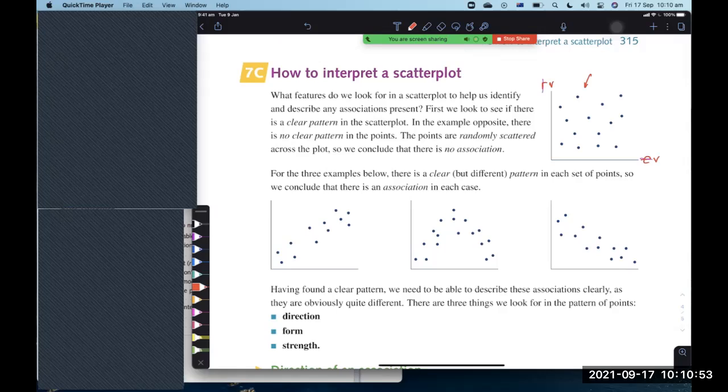We describe its shape, so this one here is randomly scattered. And then we say something about the relationship between these two. Are they associated? When we talk about association, we're talking about a relationship between the two. In this case, there's no pattern. You can't see a pattern. So we say that there's no association.